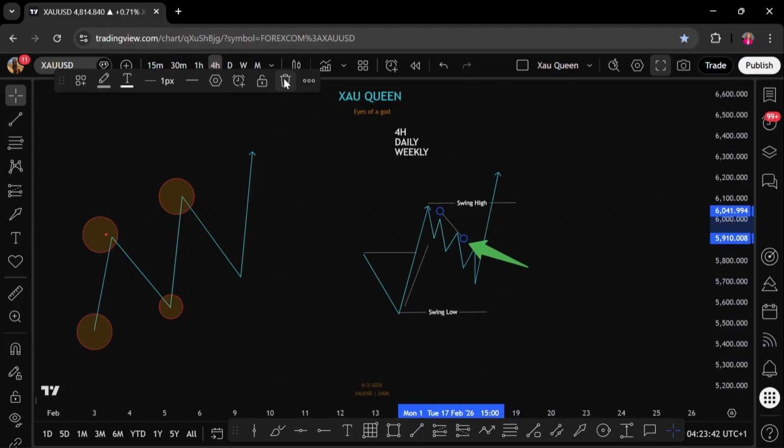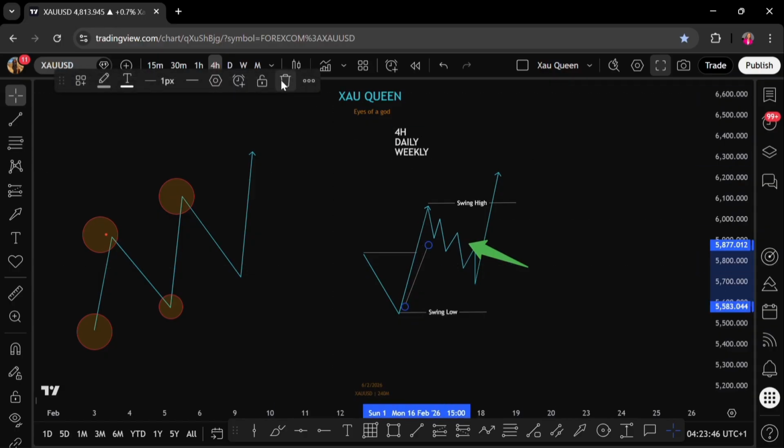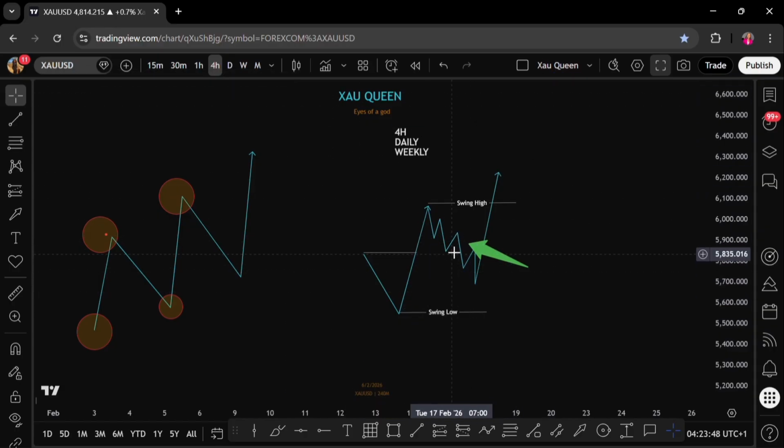But that corrective move also forms its own structures in the lower time frame, and those structures are what we call internal structures or substructures. All the structures forming inside, we call internal structures or substructures.